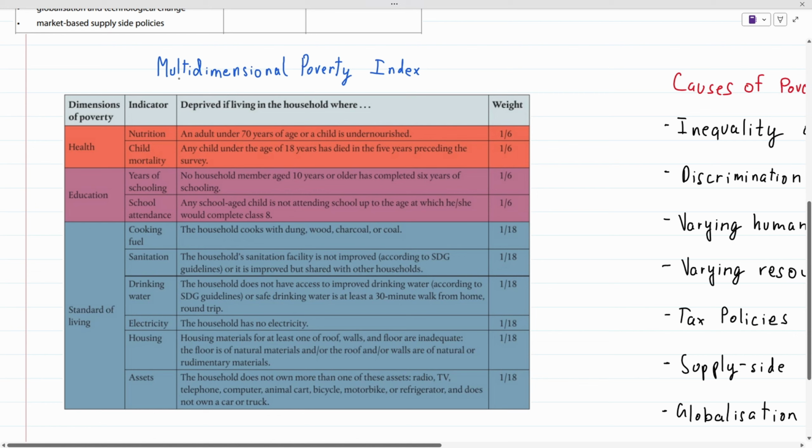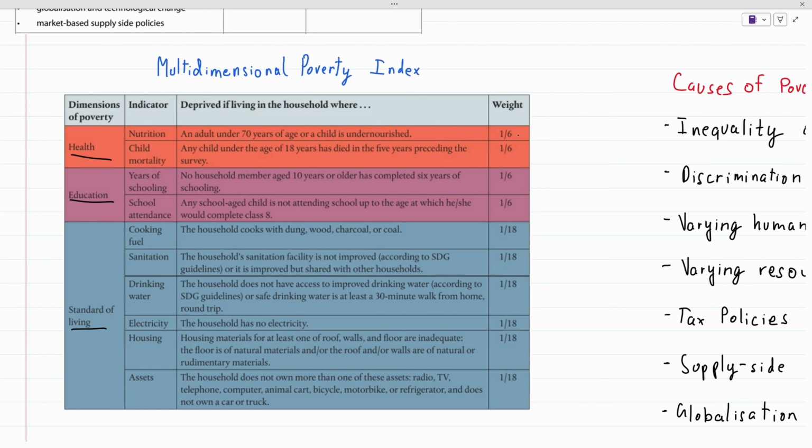The multidimensional poverty index is basically a composite indicator, which, as implied by the word composite, takes into account many different single indicators and comes up with a final score. There are three main categories that are targeted by the MPI, which are health, education, and standard of living. Under health, they look at nutrition and child mortality, and they assign a weight of 1/6 of the final score.